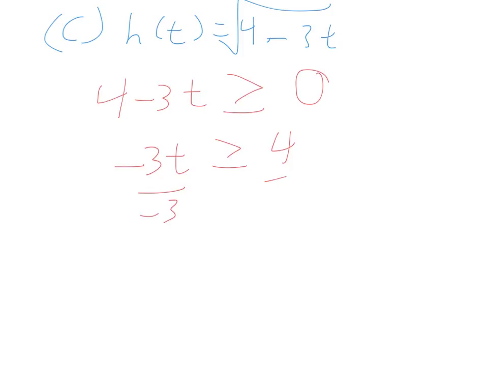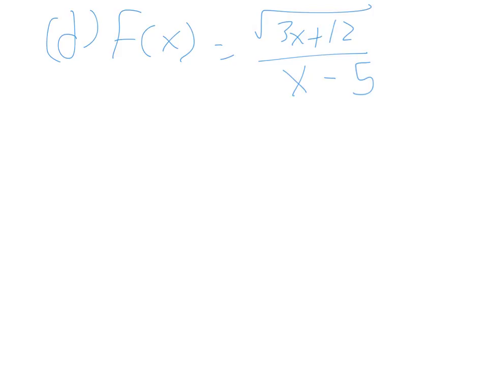So if you divide by negative 3, t must be greater than or equal to, actually it should be less than or equal to, because remember we divide by a negative, so you flip the sign. t must be less than or equal to 4/3. So our domain is all the values less than or equal to 4/3.